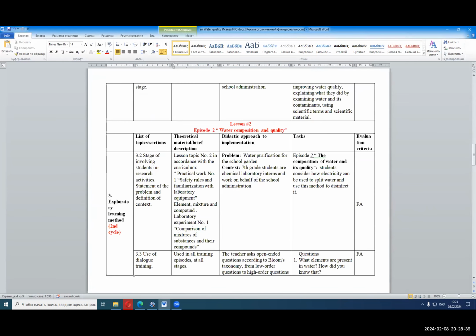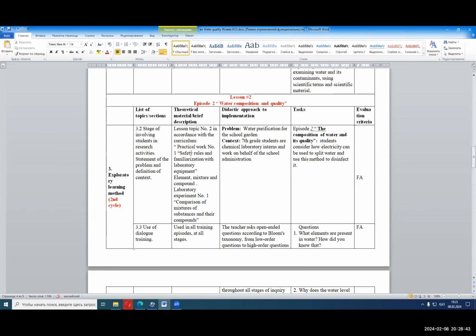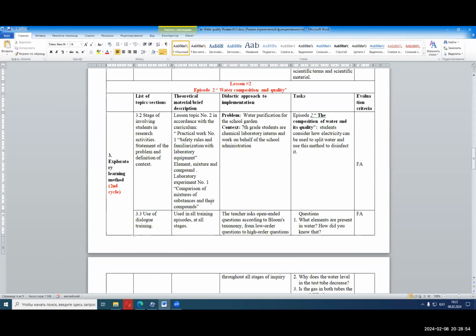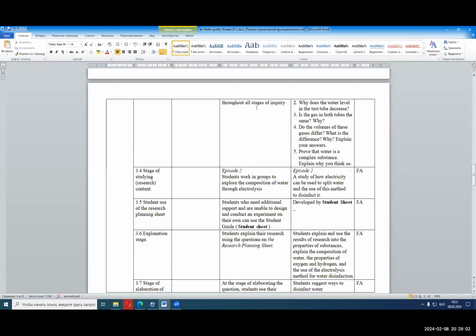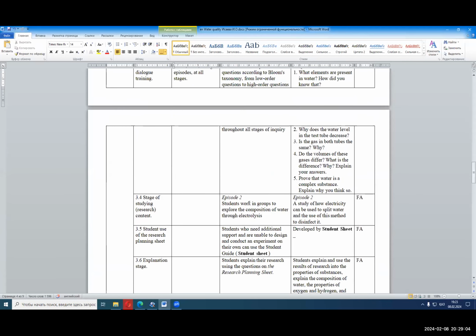She's busy a little bit, and I'm not a chemist. But here I know that in our national curriculum we have some work like element, mixture, compound, comparison of mixtures, substances, and compounds, and then we go to water pollution.